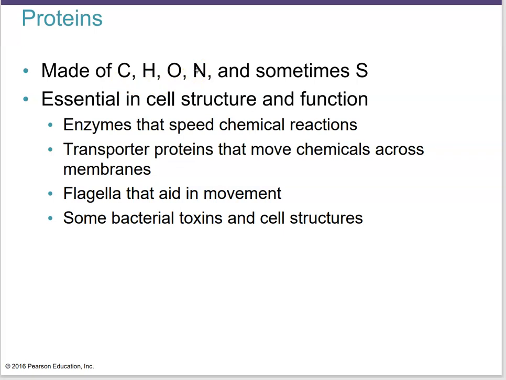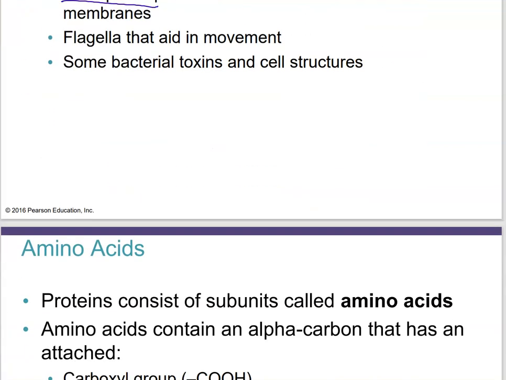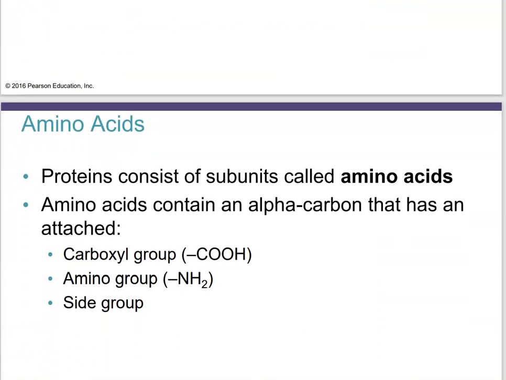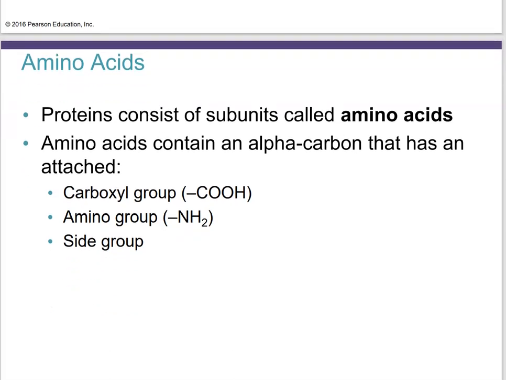The only thing they have in common is that they are composed of amino acids, but their function is very diverse. Enzymes are proteins that speed up chemical reactions, and we have transport proteins. We have flagella proteins. Toxins are proteins a lot of times. So proteins are a pretty amazing group of molecules in what they can do.